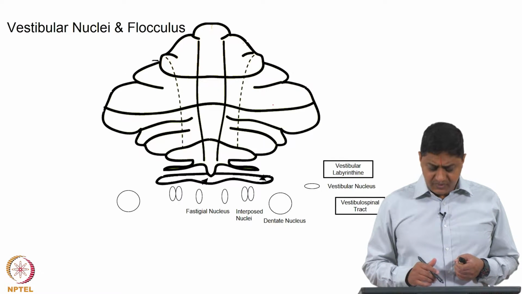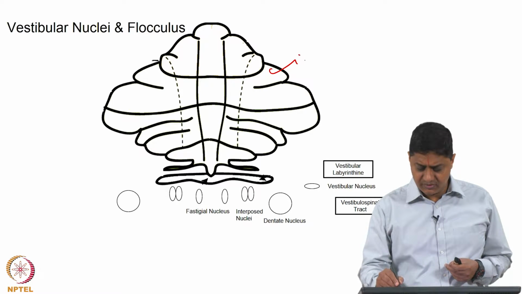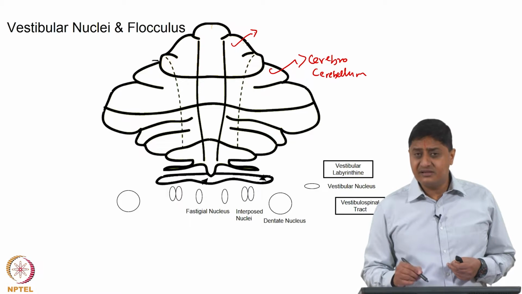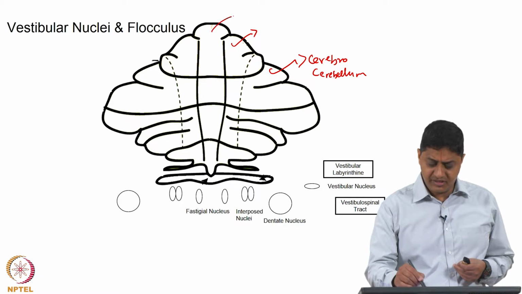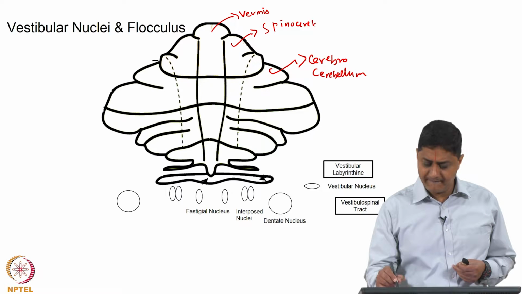So, this is an outline of the cerebellum. We know that is the cerebrocerebellum. The more medial regions, of course, the most medial region is called vermis. Vermis and paravermal area together constitute the spinocerebellum.